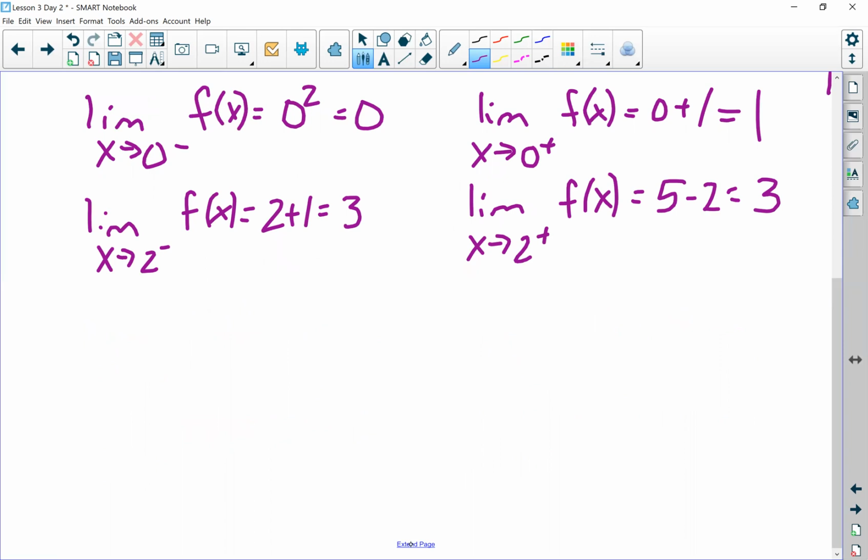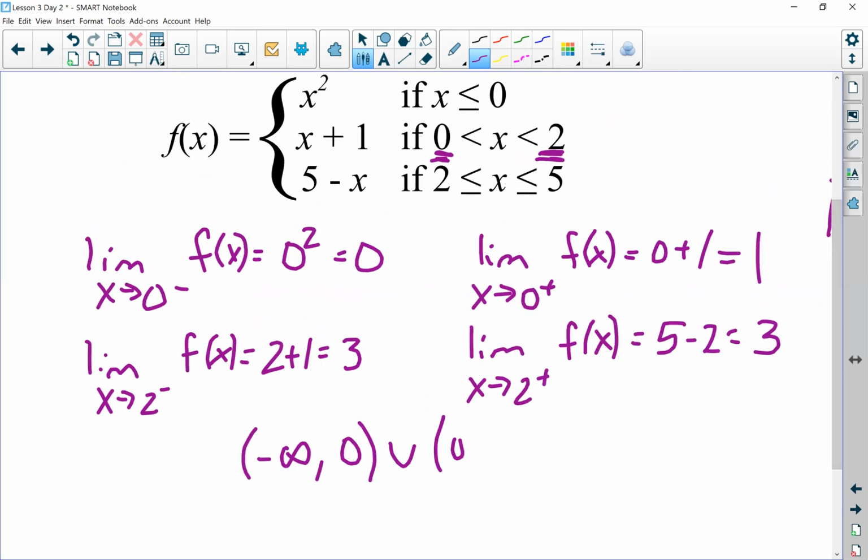So where is the function continuous? If I use interval notation, I would go negative infinity to 0, and 0 would be in parentheses because it's not continuous at 0. And then I would go from 0, and notice this is only defined up until a value of 5, so from 0 to 5.